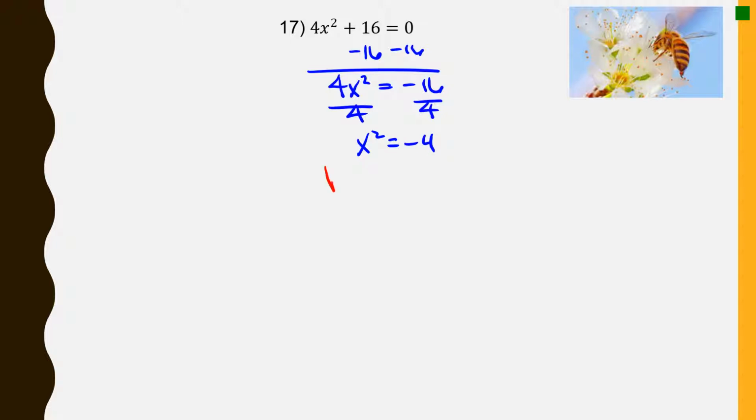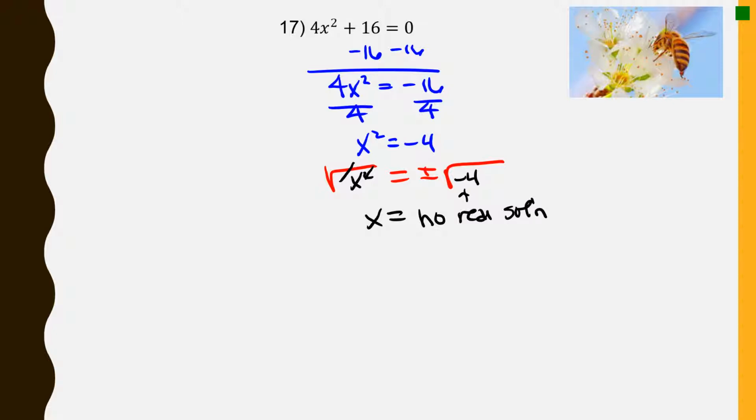When you have just the one x term, you're going to do the square root thing. x squared and negative 4. Square and square root cancel. Uh-oh, I've got the square root of a negative number, so there is no real solution.